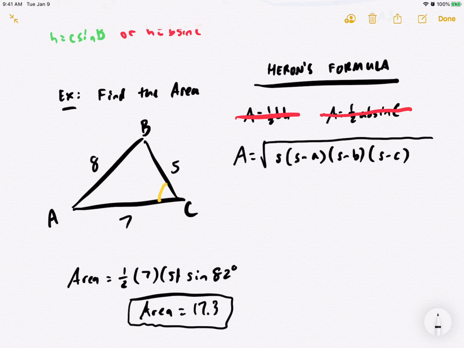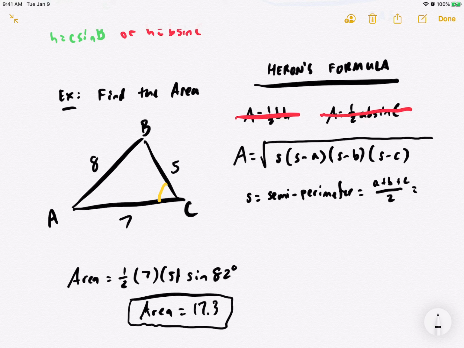Not really. s in Heron's formula is called the semi-perimeter, and it is exactly what it sounds like. It's half of the perimeter, so it's a plus b plus c over 2. s was a convention that he used to make the formula much less complicated, and as you can see, it's pretty easy to remember. You've got s minus a, s minus b, and s minus c.